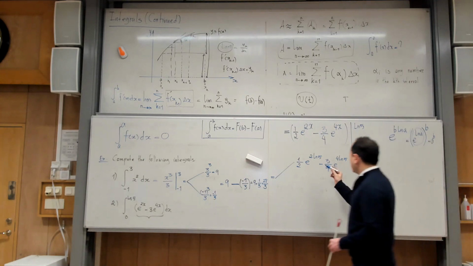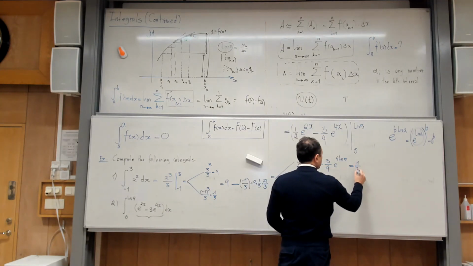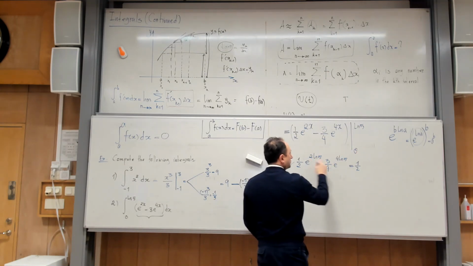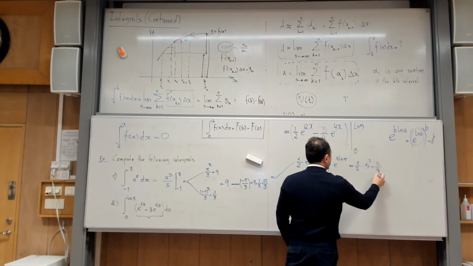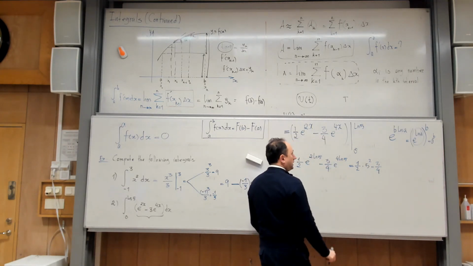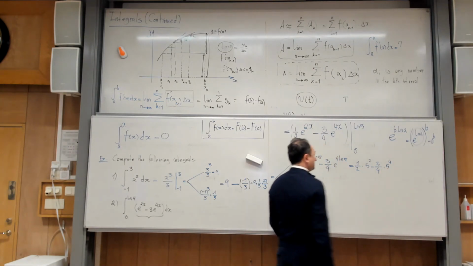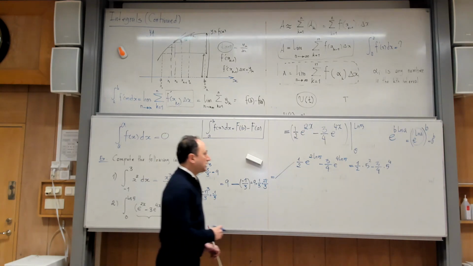Yes? So then it means that I have 1 over 2 here, and then I have what? I have a, which is 5 to the power of 2, minus 3/4, and then the same thing here, a, which is 5 to the power of 4. Yes? And then I calculate this one.